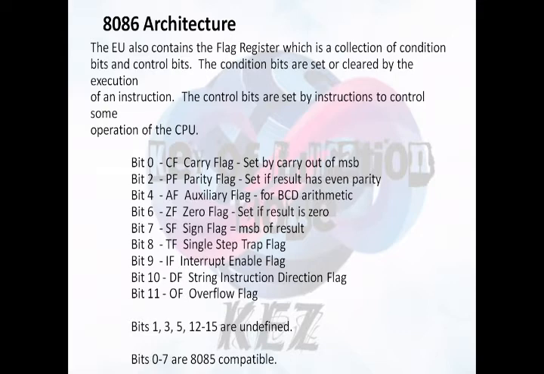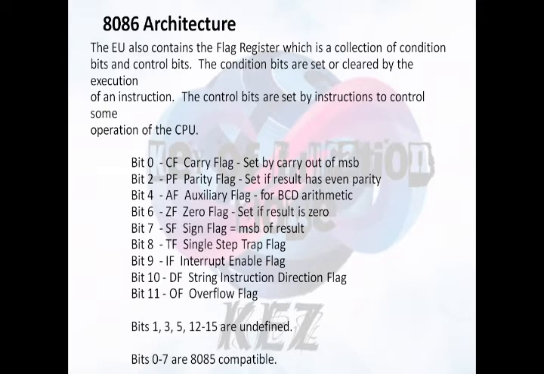Bit 4 is AF, the auxiliary flag for BCD arithmetic. Bit 6 and bit 7: bit 6 gives you the zero flag and bit 7 gives you the sign flag, set if the result is zero or if the MSB of the result is set.